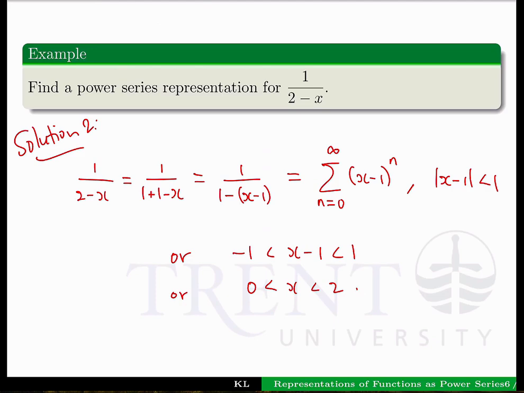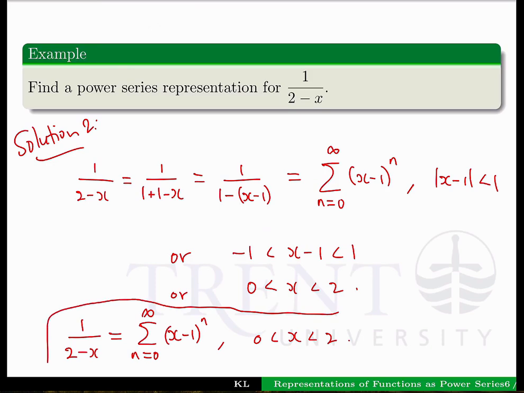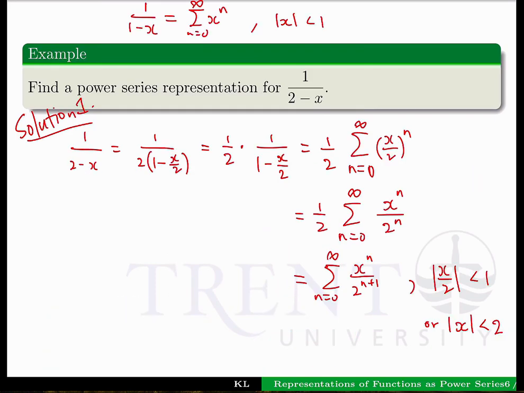So what does this mean? 1 over 2 minus x is also equal to the sum of x minus 1 to the n, from 0 to plus infinity, provided that your x is greater than 0 but less than 2. So notice, this is our solution 2, and this is our solution 1.